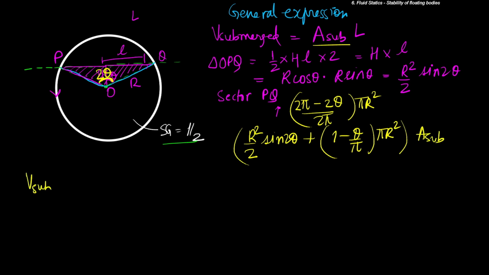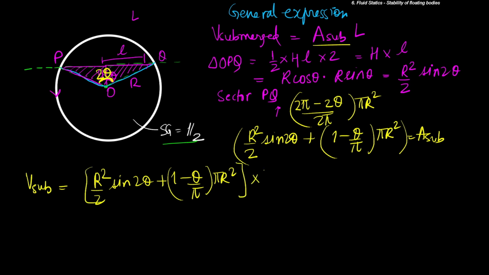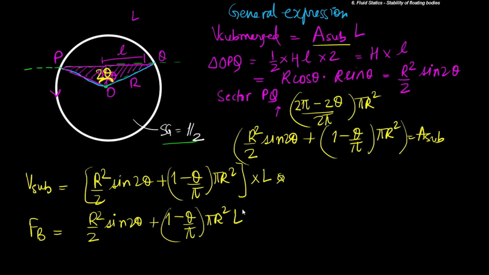So the volume submerged will be equal to r square upon 2 sin 2 theta plus (1 minus theta upon pi) times pi r square, multiplied by length. Now the force due to buoyancy will be this multiplied by the density of water, and this will be equal to the total volume pi r square L times the density of the object.